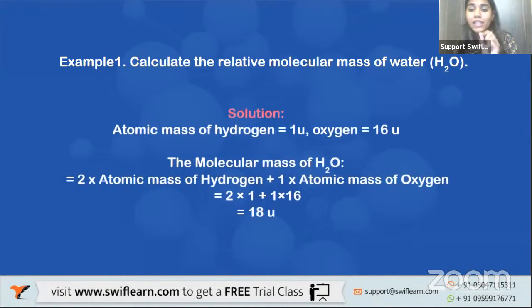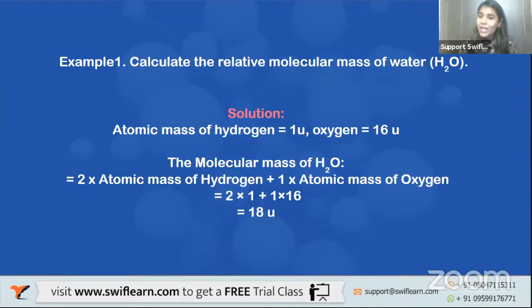Now hydrogen mass is 1. We express it as u, that is atomic mass unit. Like you say grams or kilograms, for measuring length you measure by centimeters, meters, kilometers, right? Yes or no?